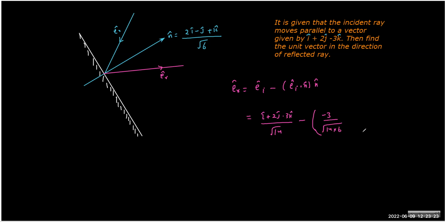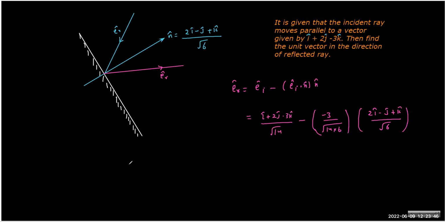Just check. Am I right? Sir, it's 3 by... It's minus 3, no? Into n cap. It's ei. Ei is how much?